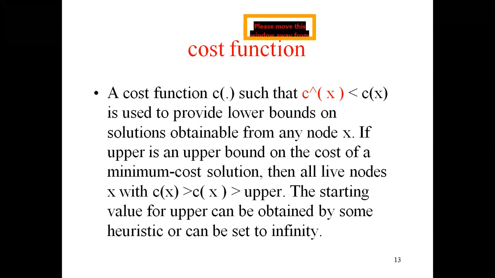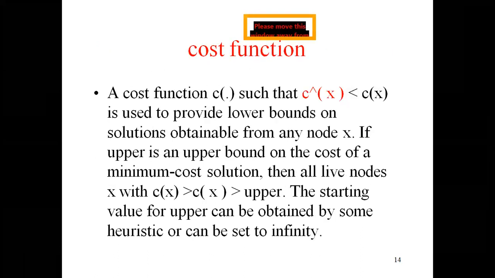We have the upper bound and the lower bound. Both are costs: upper bound cost, lower bound cost. So the solution node cost should be in between. If it exceeds the upper bound, it is not considered. If it is below the lower bound, that particular path is also not considered.